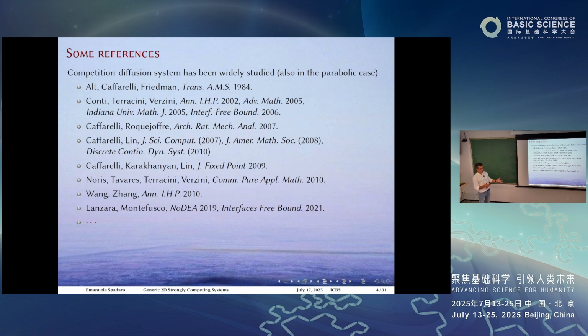It's a free-boundary problem, so starting from the works of Alt, Caffarelli, Friedman, from the 2000s on, there are many works by Conti, Terracini, Verzini, works by Caffarelli, Lin, and others. Especially Lin this morning talked a bit about these optimal partition problems, but there are many other works.